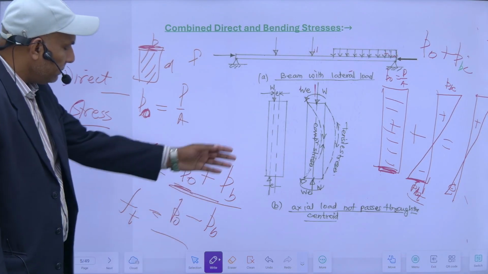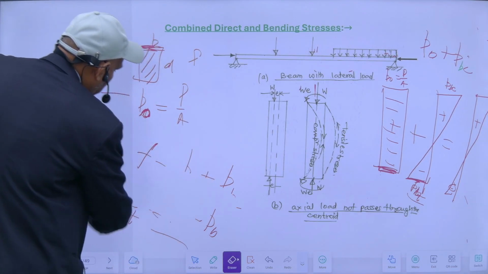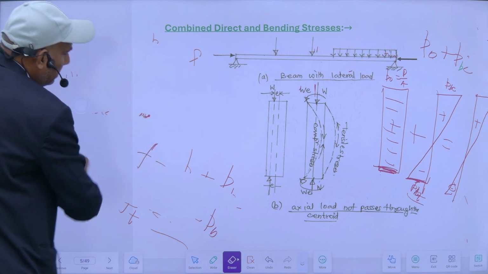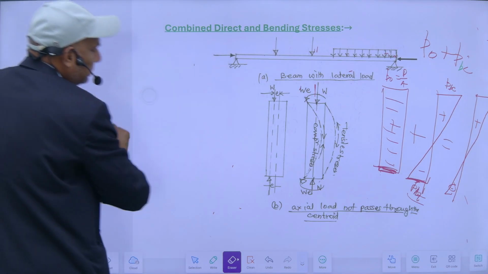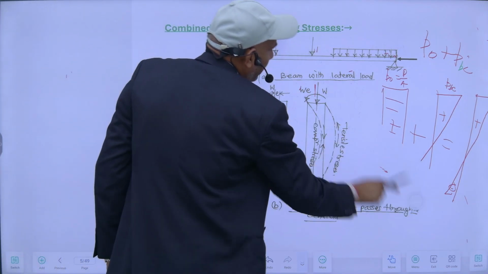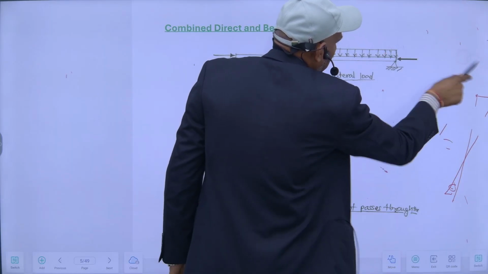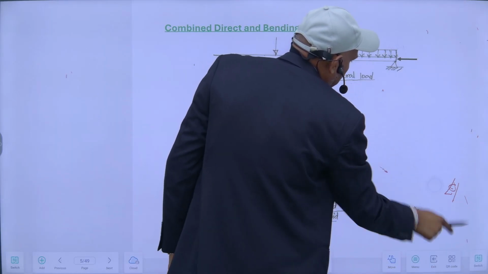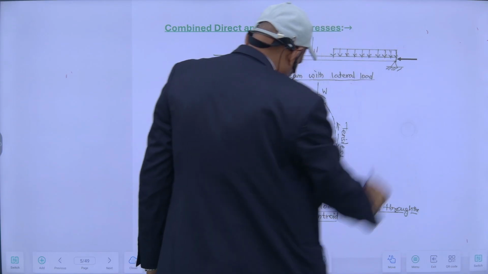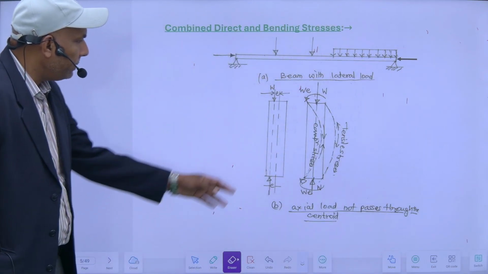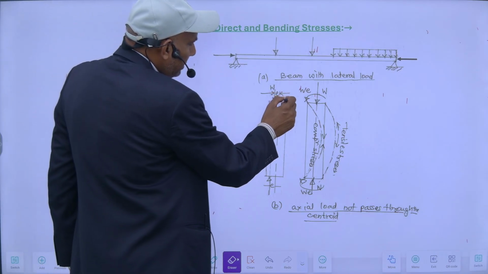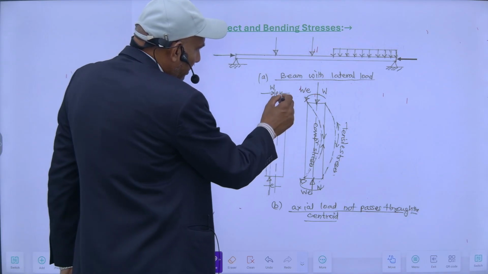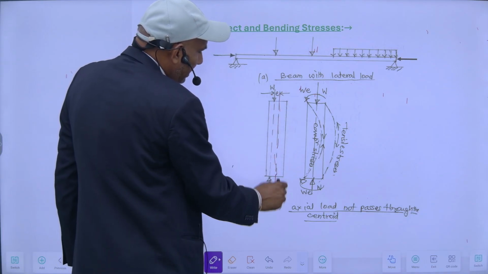Suppose this is my compression member, and this is the centroidal axis of this vertical member.